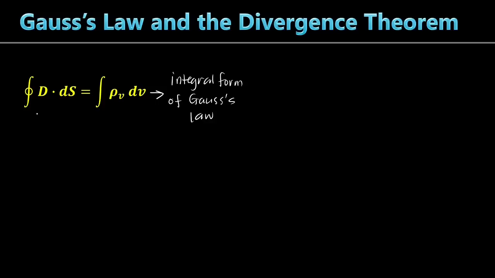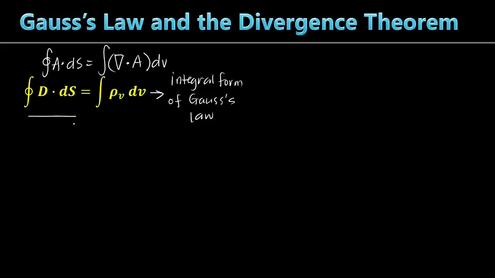And Gauss's law involves a closed surface integral na pwede nating applyan ng divergence theorem. Diba? Ano nga ulit yung divergence theorem? Sulat natin. For a generic vector field A, the divergence theorem can be expressed as the closed surface integral of A is equal to the volume integral of the divergence of A. O, diba?